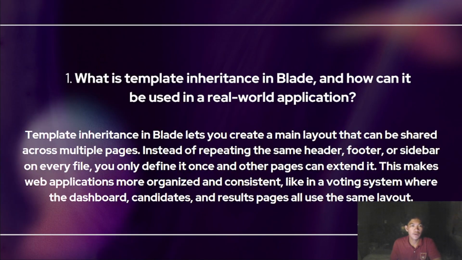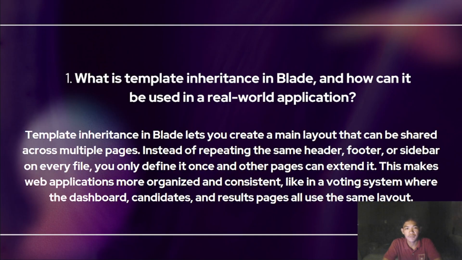So, number 1. What is template inheritance in Blade, and how can it be used in a real-world application? Template inheritance in Blade lets you create a main layout that can be shared across multiple pages instead of repeating the same header, footer, or sidebar on every file.